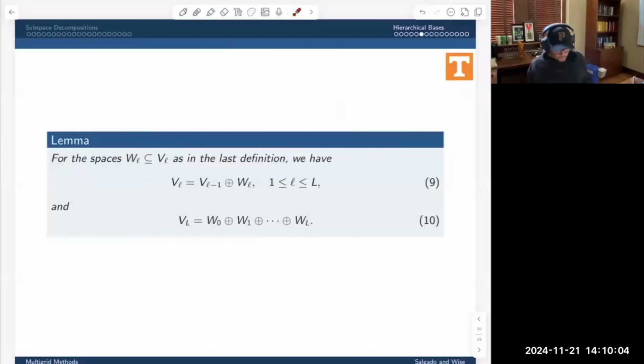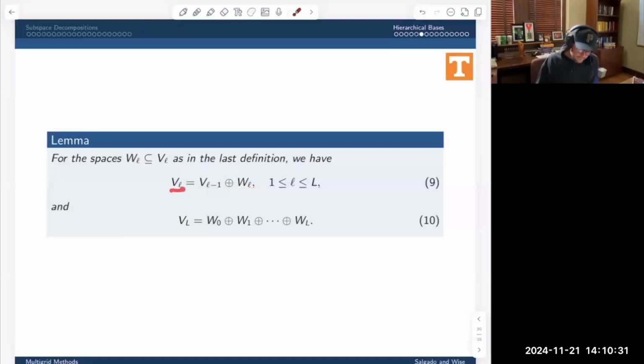Now we want to prove, and we'll have to wait till the next time to do this, that VL can be decomposed as VL minus 1 plus WL. In other words, the difference between VL and VL minus 1 is the addition of this new space of degrees of freedom. And this kind of makes sense, right?